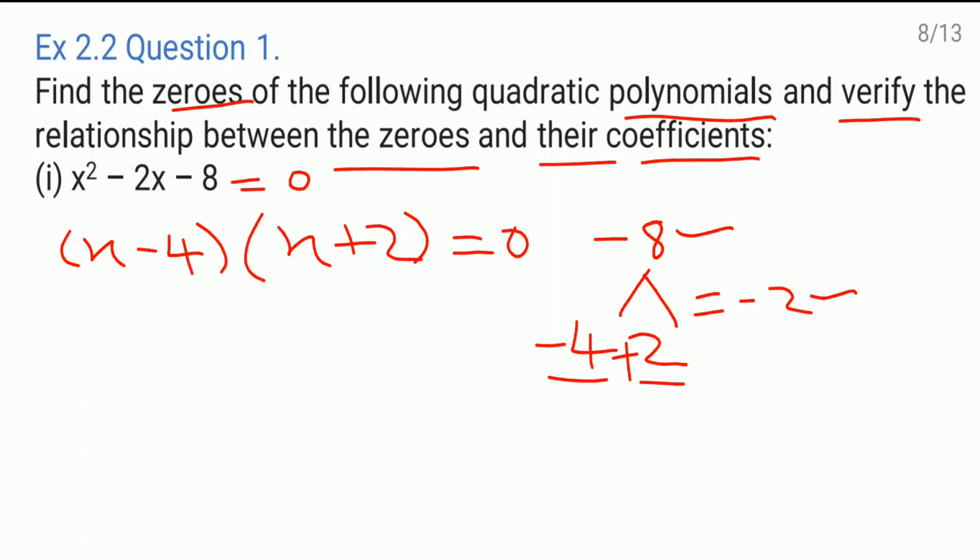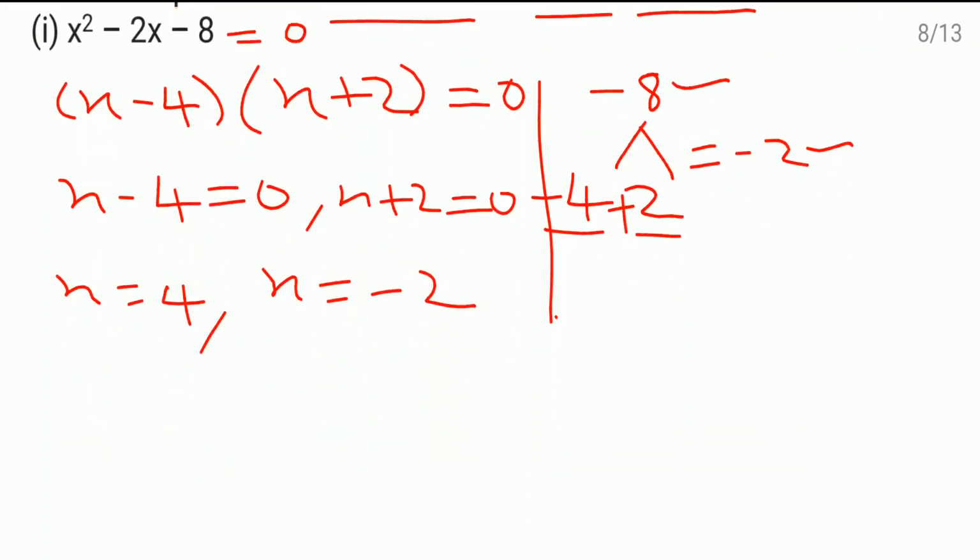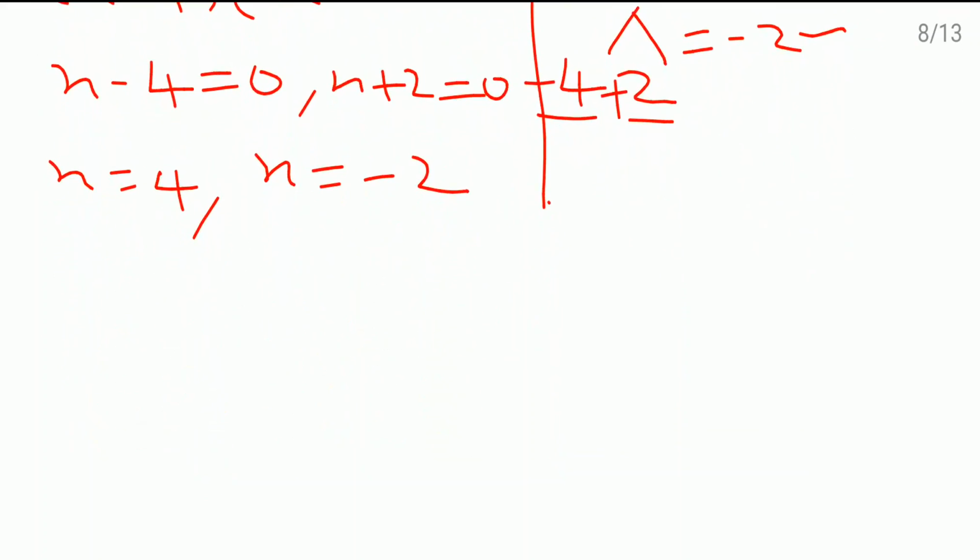Now I will compare each bracket with 0. X minus 4 is equal to 0, and x plus 2 is equal to 0. Now x is equal to 4 and x is equal to minus 2. I got two zeros because it is a quadratic equation, correct?